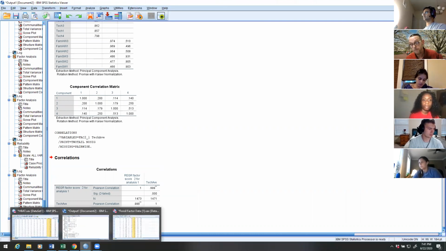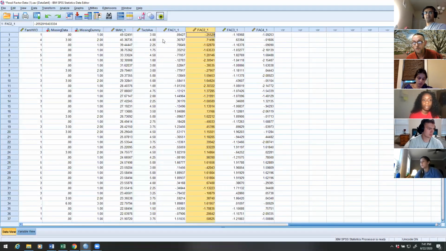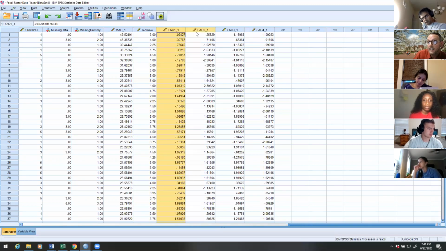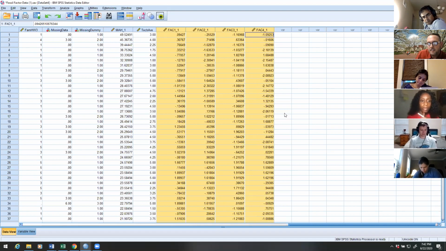So that last step then is this formation of a composite variable. Being able to do it a couple different ways is helpful. And now I can start doing some analysis. I can compare people's fashion scale to their technology scale.